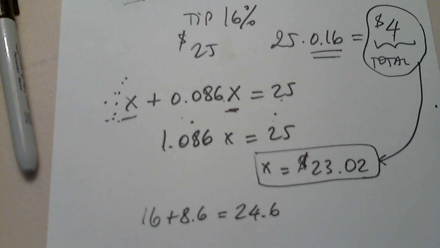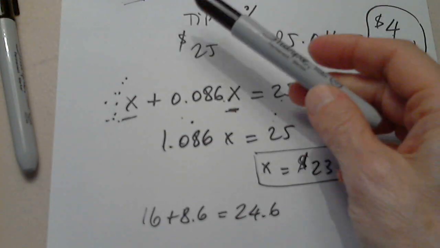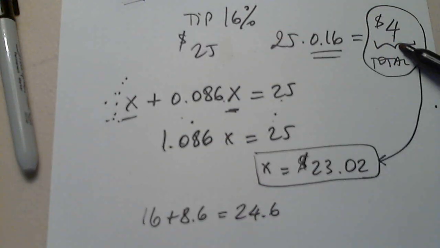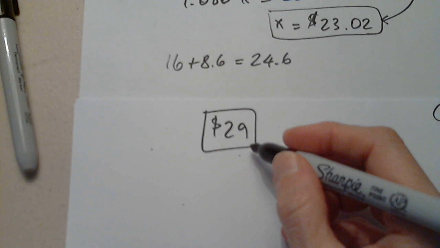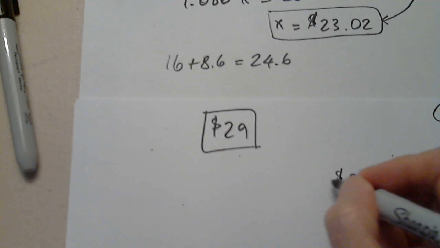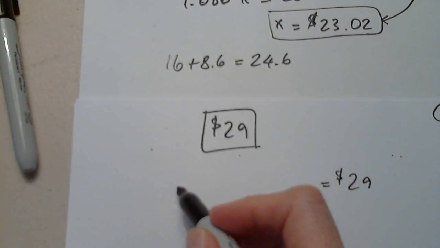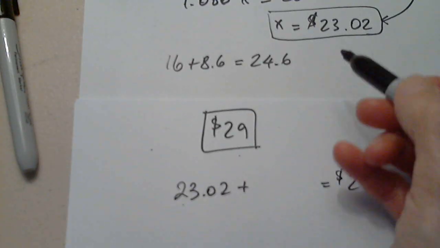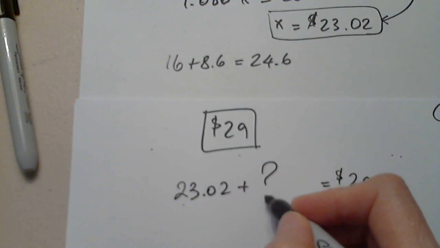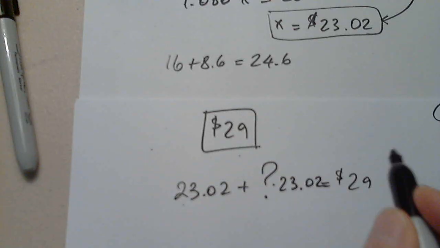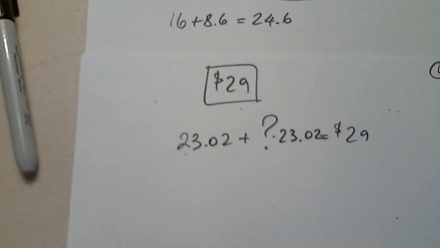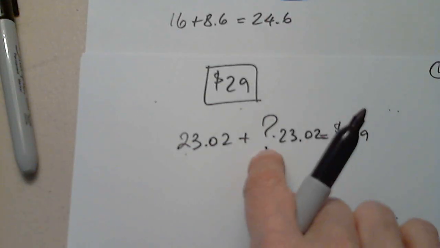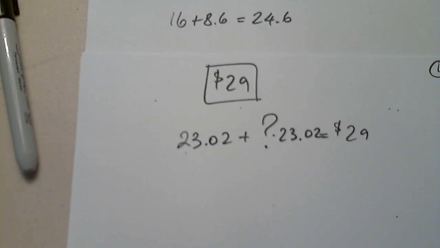We are trying to determine what percentage increase on X is represented by $4. That's what we want. So we end up paying $29. This is still the 23.02, the original price, plus whatever percent of 23.02. I'm not going to use X because I already used X. I'm going to use Y or Z or W. It doesn't matter.